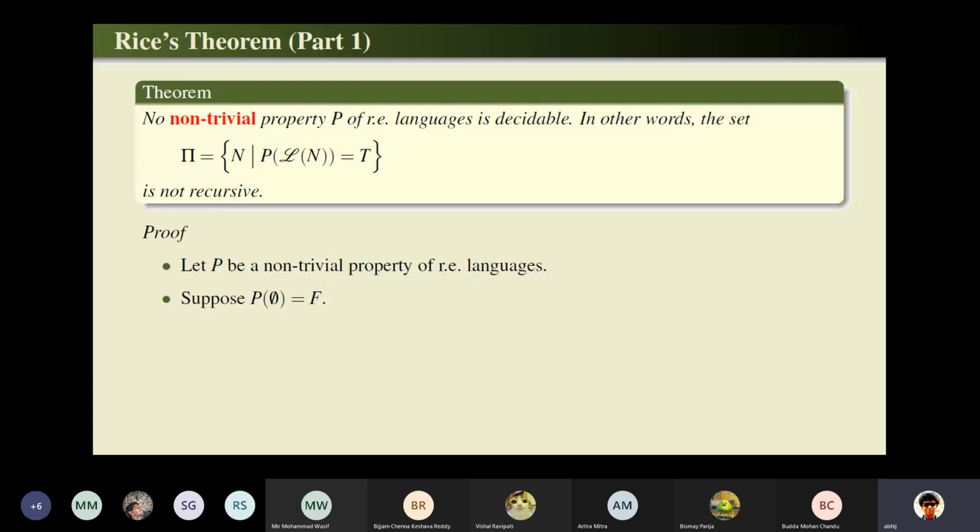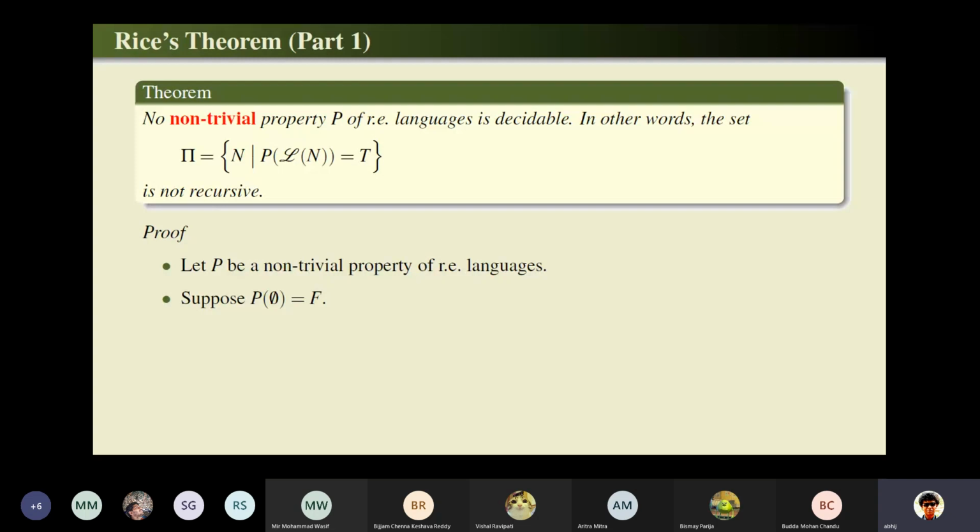So I will assume that this property does not hold for something like the empty set. But now you note that this is a non-trivial property. So there must be an RE set for which this property is true. It cannot be universally false.